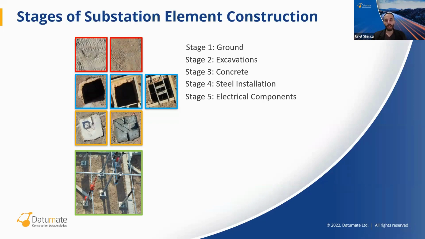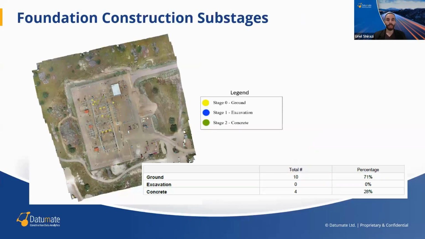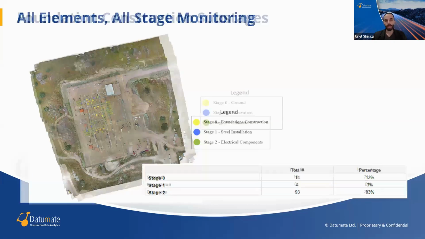After each and every drone flight, Datumate provided automatic reports, such as this one, for example. In this report, you can see that the 10 foundations are in the ground stage. There are no foundations that are in the excavation stage at all in this model. And the 4 piles were cast with concrete.